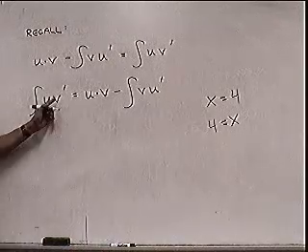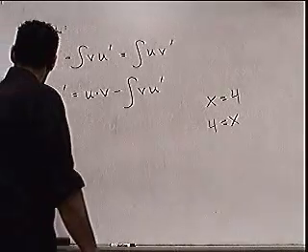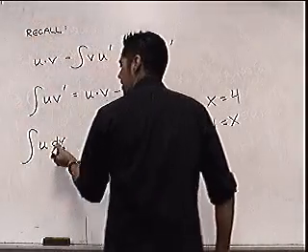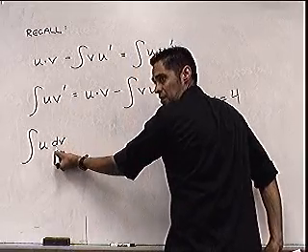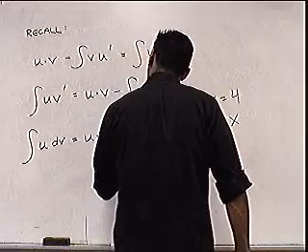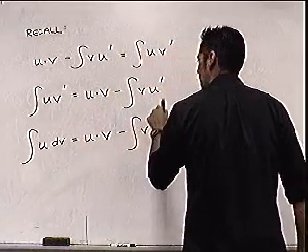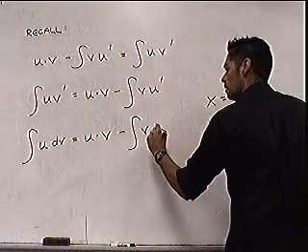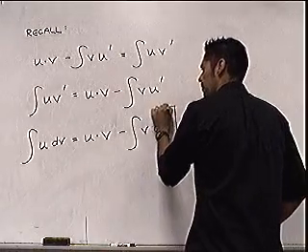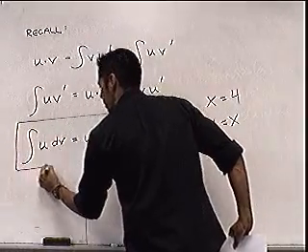Well, instead of just saying derivative of v, I'm going to write it this way. Integral u dv, that's going to represent this. V prime, I'm going to write as dv instead. And then equals u times v minus integral v, and instead of u prime, I'm going to write du. And this is the formula for integration by parts.